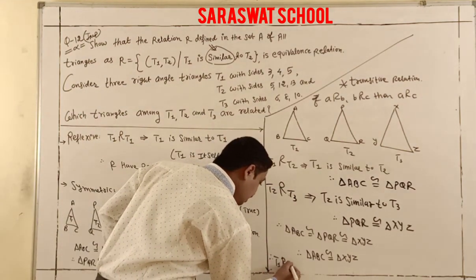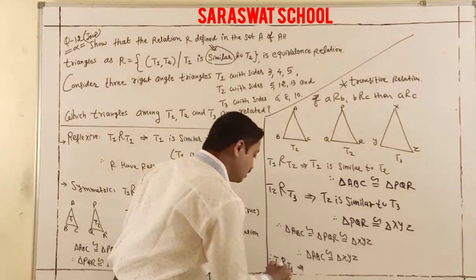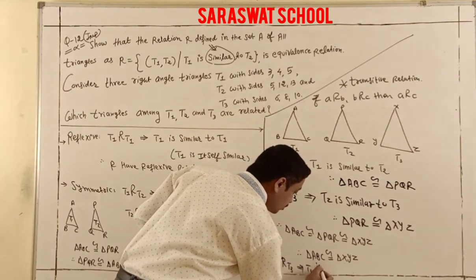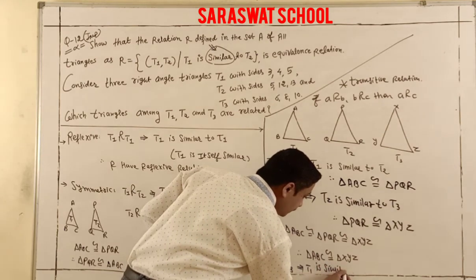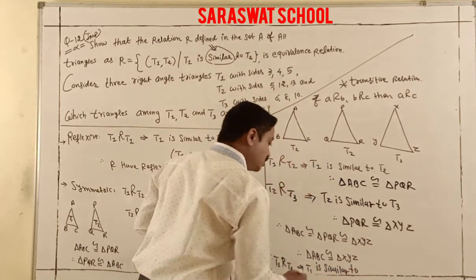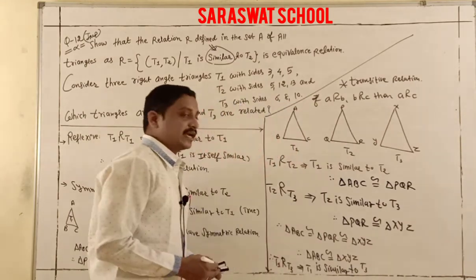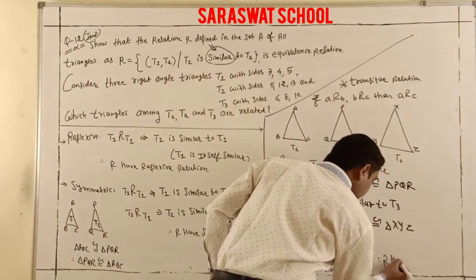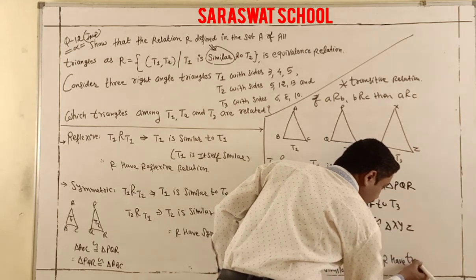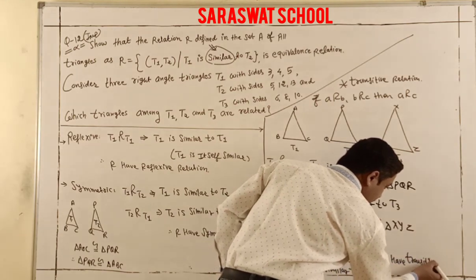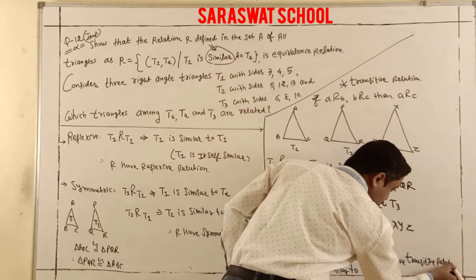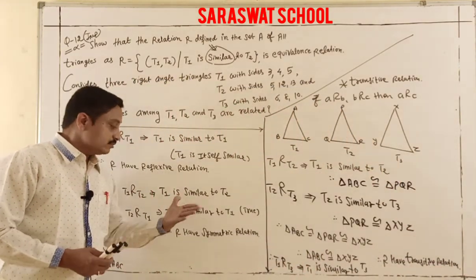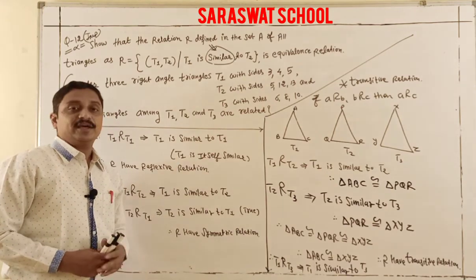T1 relation T3: T1 is similar to T3, and that is true. So R is a transitive relation.